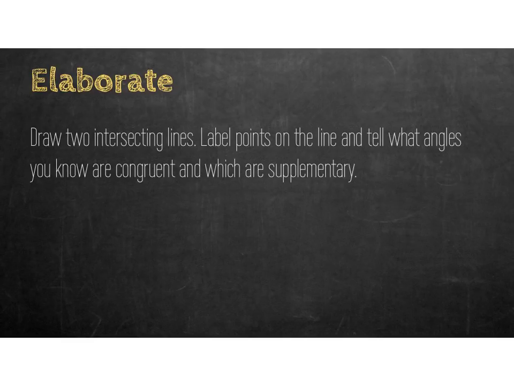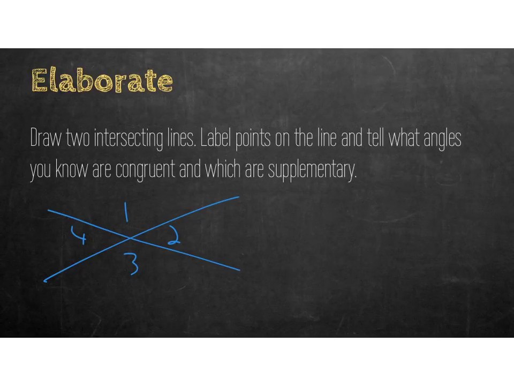All right, so elaborate. I want you to draw two intersecting lines, label points on the line, and tell what angles you know are congruent and which are supplementary. So two intersecting lines, something like that. And instead of labeling points, we'll just label it 1, 2, 3, and 4. And I want you to tell me which ones are congruent and which ones are supplementary.